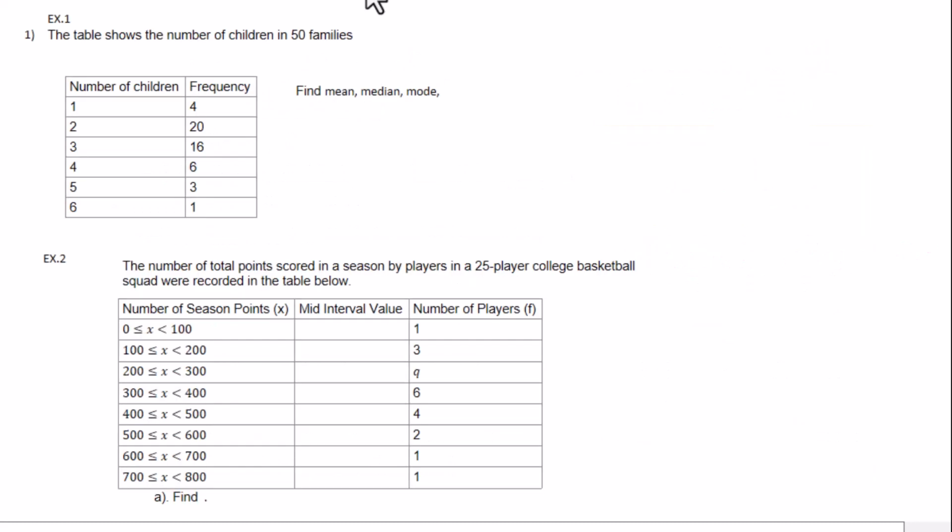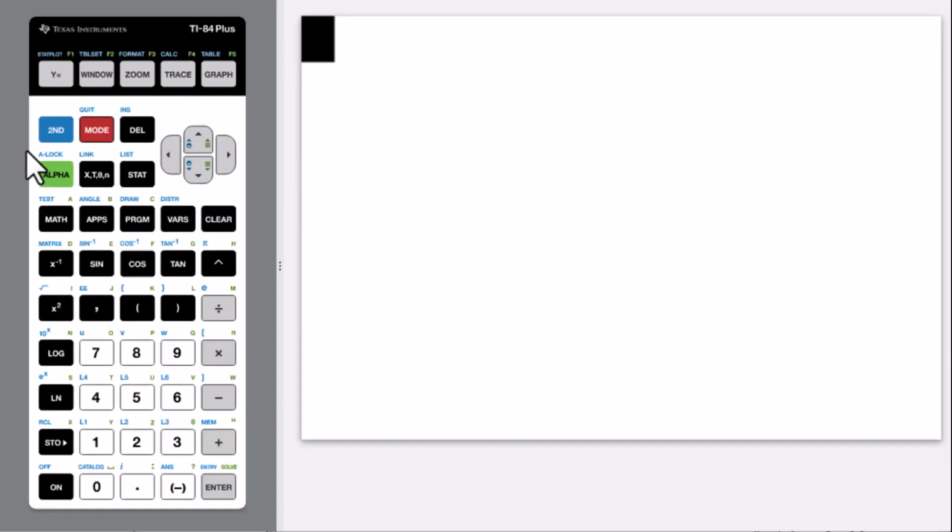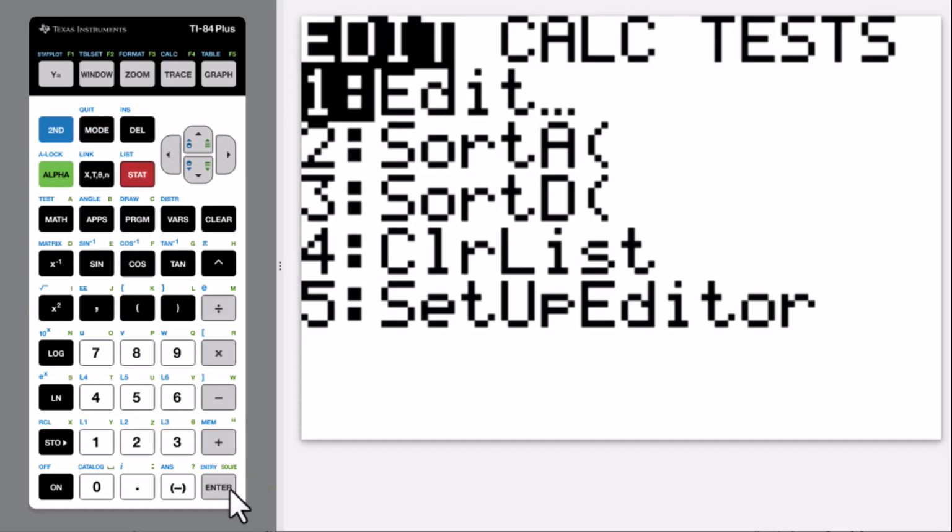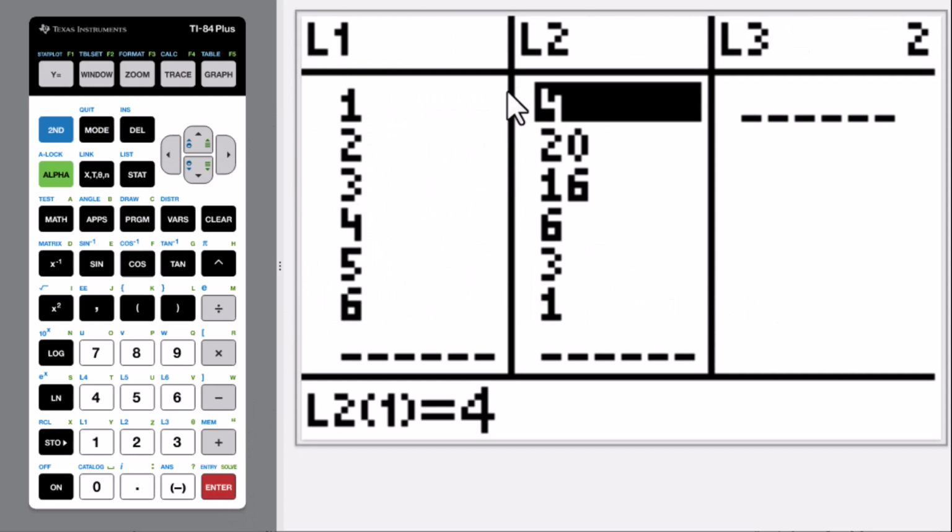Let's go to example 1. The table shows the number of children in 50 families. Find the mean, median, mode. This is a discrete data. We will go to stat, edit, enter. So put the data in L1: 1, 2, 3, 4, 5, 6.